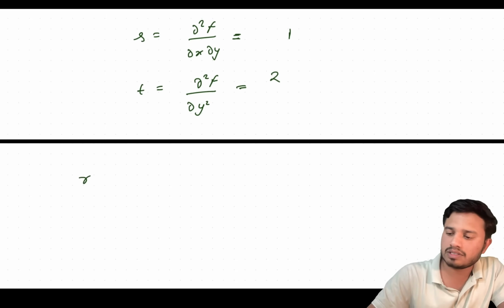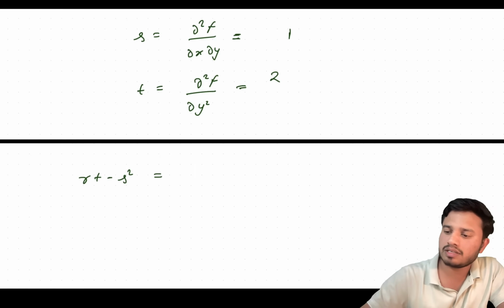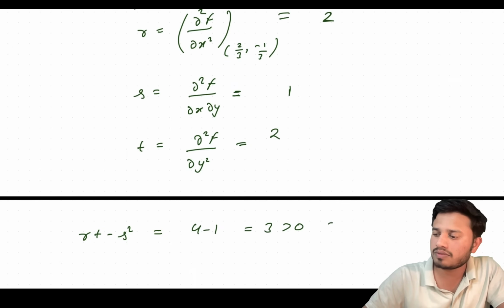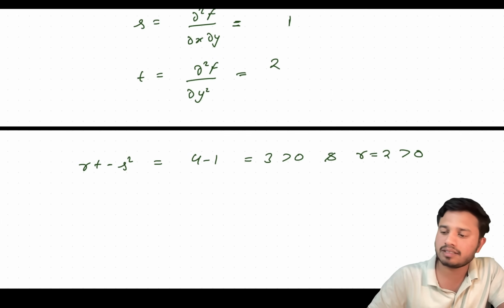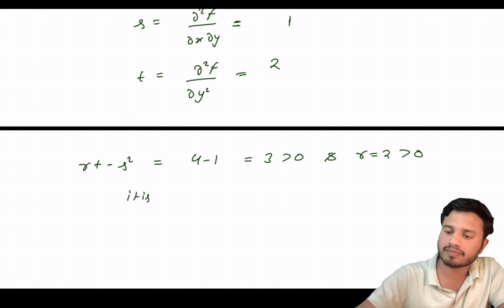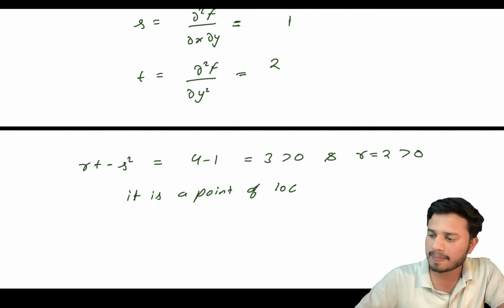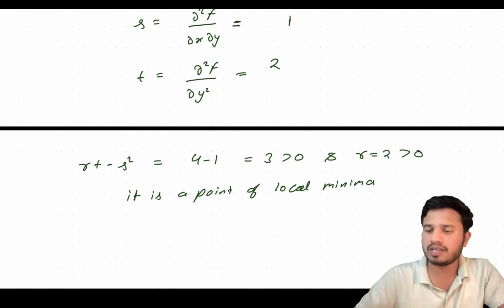Now rt minus s squared is positive, and r is also positive, which indicates that this is a point of local minimum, right?